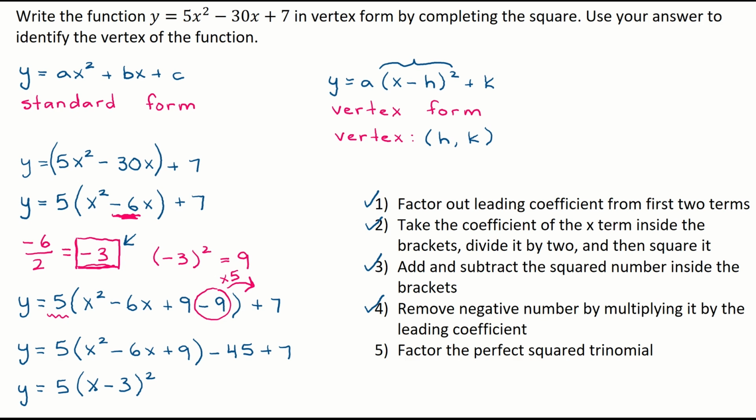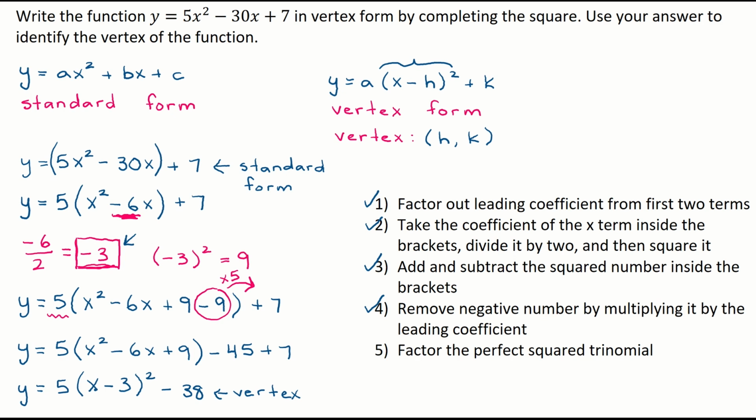At the end, we can simplify the negative 45 plus 7, which gives us negative 38. So we've gone from standard form at the very beginning to vertex form here.